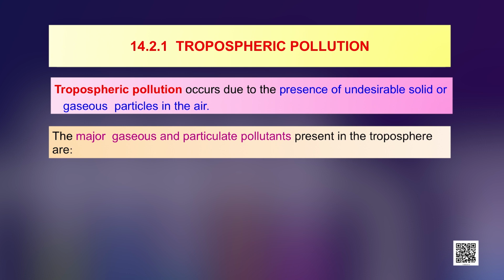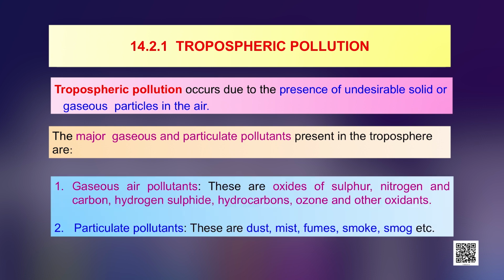The major gaseous and particulate pollutants present in the troposphere are oxides of sulfur, nitrogen, and carbon, hydrogen sulfide, hydrocarbons, ozone and other oxidants. And particulate pollutants are dust, mist, fumes, smoke, smog, etc.